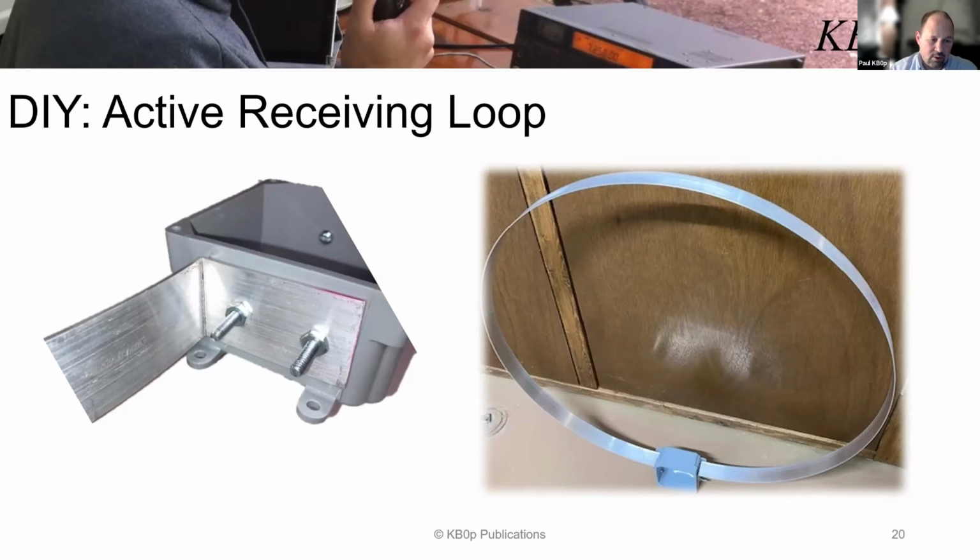Drilled a couple holes equally spaced, and just bolted the aluminum to the electrical junction box. That's all I did, on both sides. Looped it around, bolted it in, and it took that natural shape. It's free. It's not supported by anything. It's just sitting there, just like that.